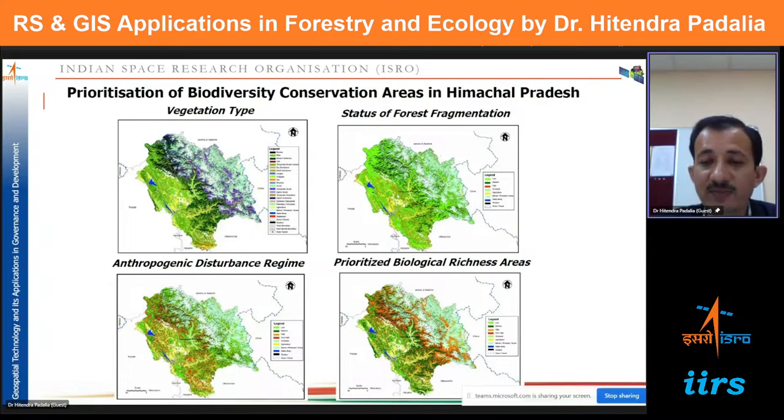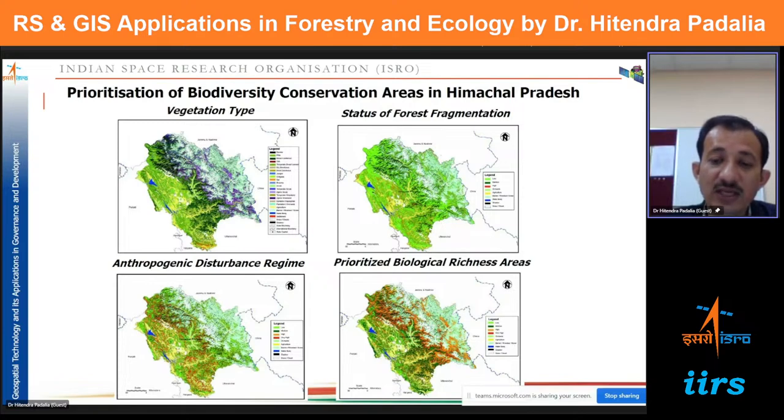And then the biological richness map is the ultimate thing which you require, because this map shows you the areas which need specific attention. The high biological richness areas indicate that these are areas where the naturalness is still there, and if you protect such areas, the biodiversity will evolve over time because the conditions are conducive.